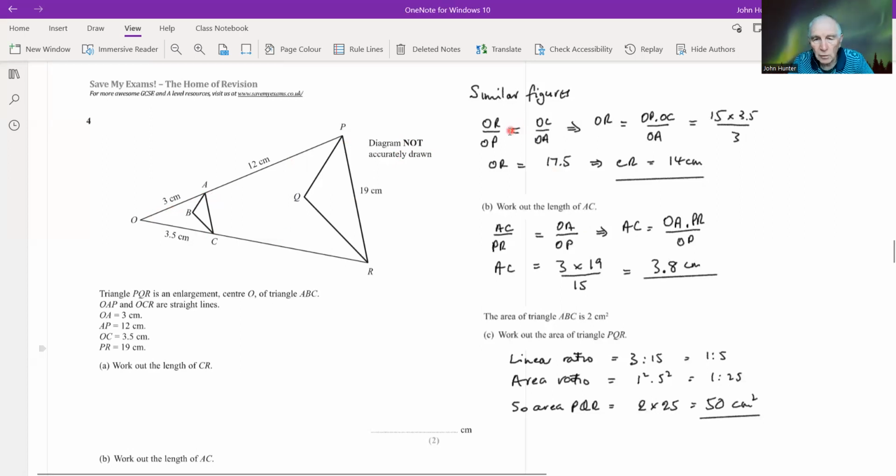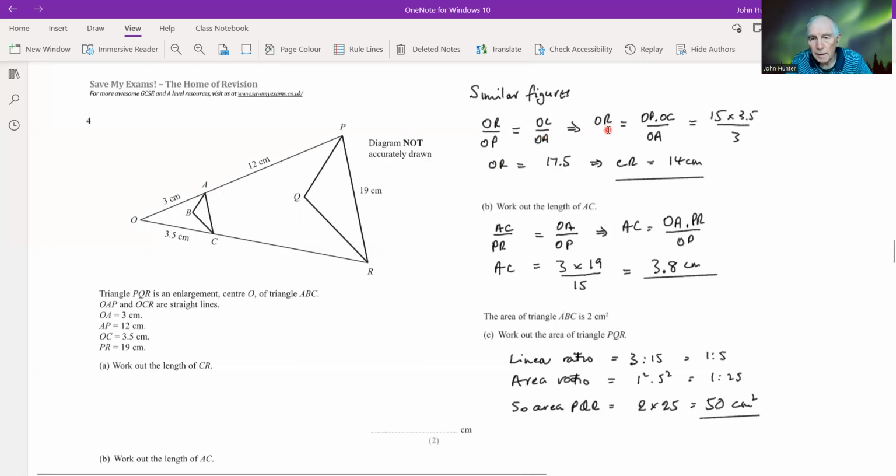So we're looking for OR in the first place. So let's have a look at the ratios here. So OR to OP is equal to the ratio of OC to OA. We can write that or cut that in different ways, but that's the way I've chosen to do it.